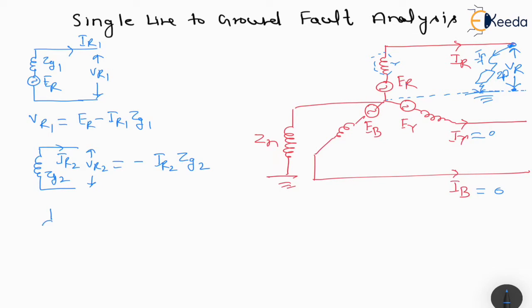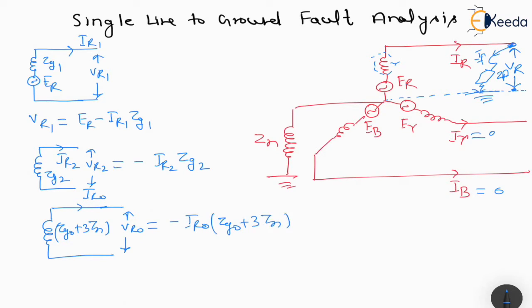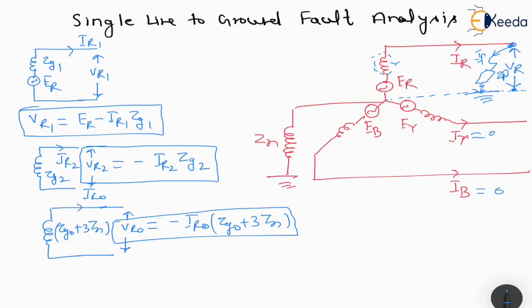And in case of the zero sequence network, we know the formula, this will be ZG0 plus 3ZN and this will be IR0, and here the total voltage VR0. So we can write VR0 is equal to minus IR0 into ZG0 plus 3ZN. So we have all these values: VR1, VR2 and VR0.